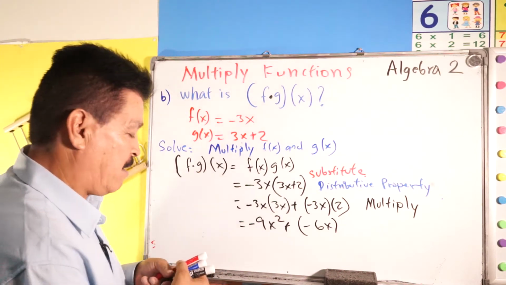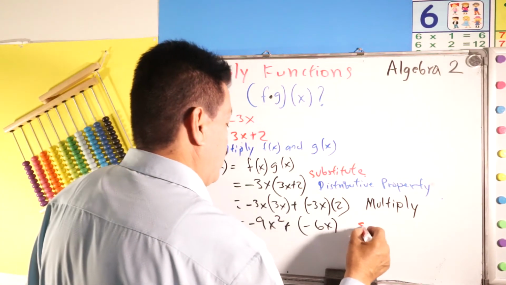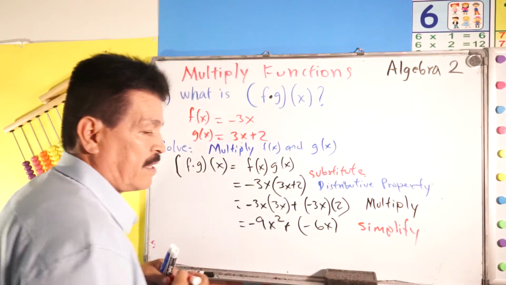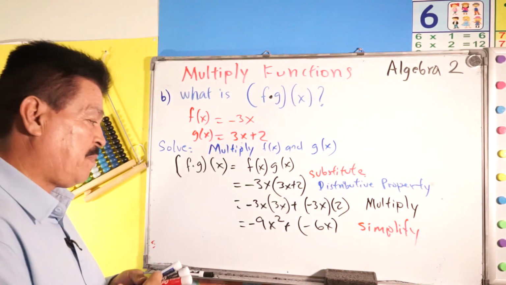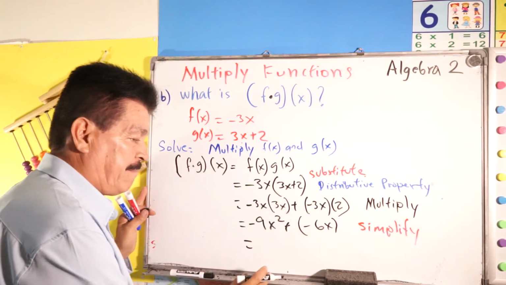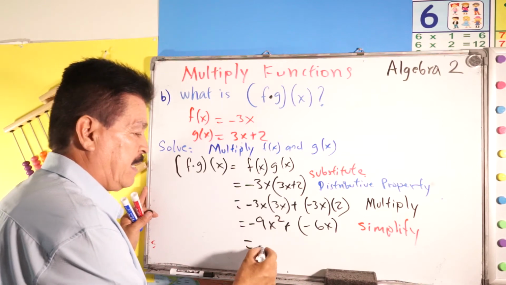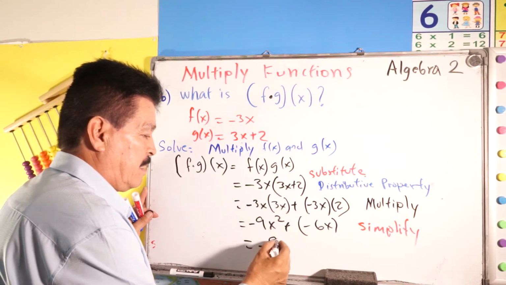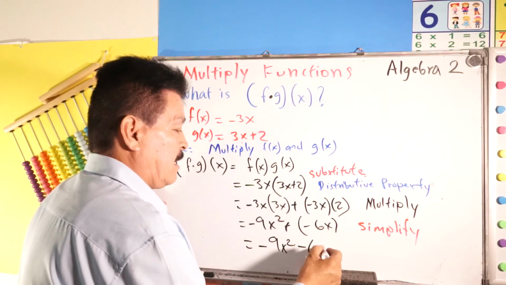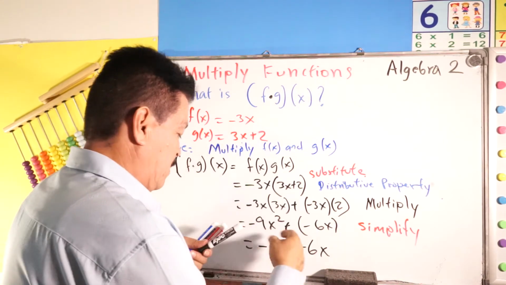So simplify now. If we simplify our problem, this is negative 9x squared minus 6x. Just take it out of the parentheses.